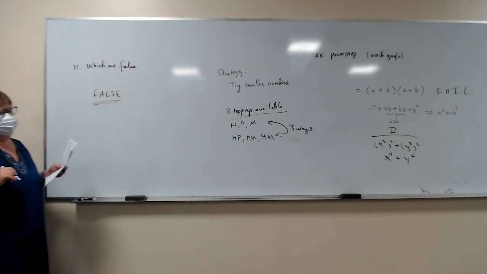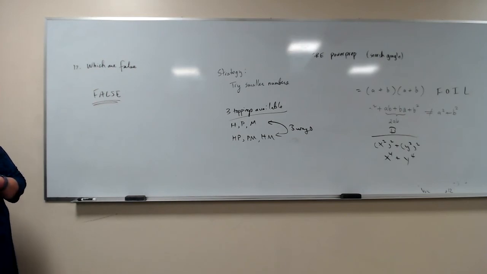I want the false ones, right? That reversal of logic is just waiting to trip you up, because all the rest of the questions you're focusing on what's true. Now you've got to pick the false ones, so be careful. -5 is less than 31. That's not false.